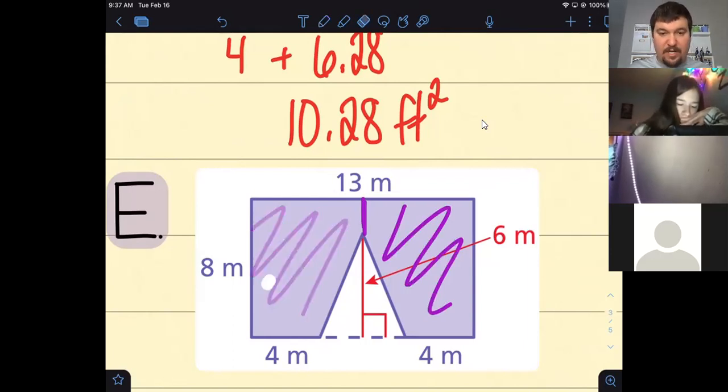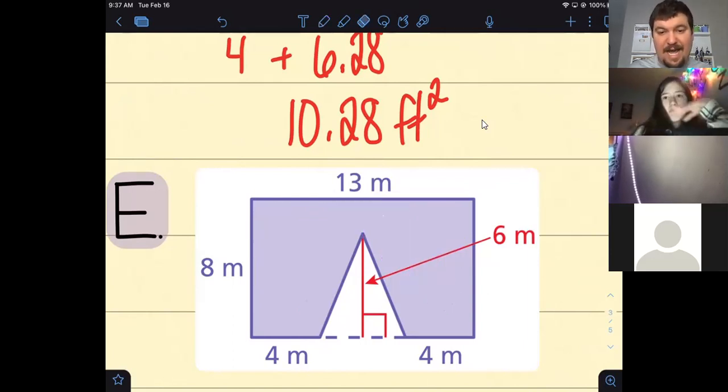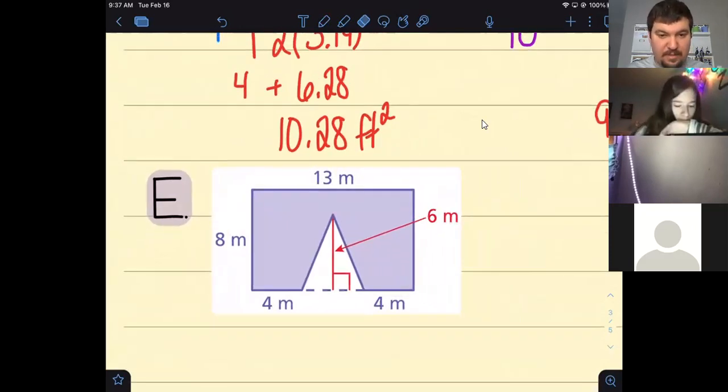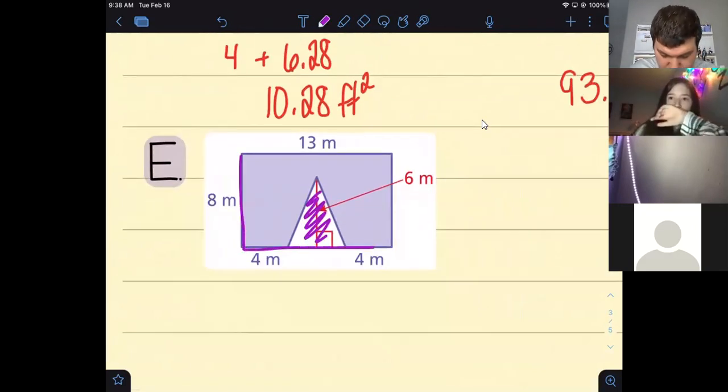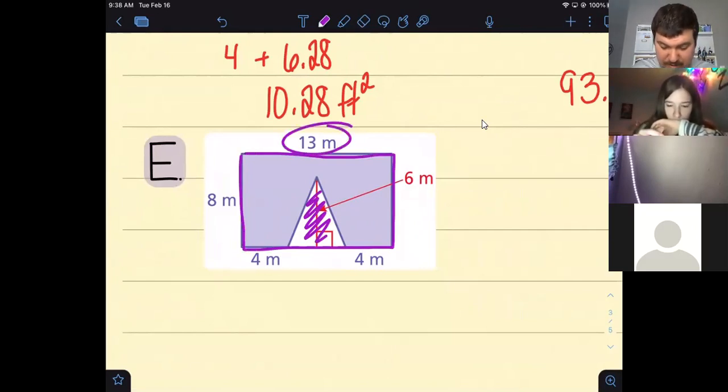And so the best way to do example E here is not to split it into multiple shapes, but think of it as a full shape. If that triangle piece right here wasn't missing, this would just be a full-size rectangle. Okay, and to find the area of that rectangle, I would do base times height, and the base is 13 meters and the height is 8 meters.